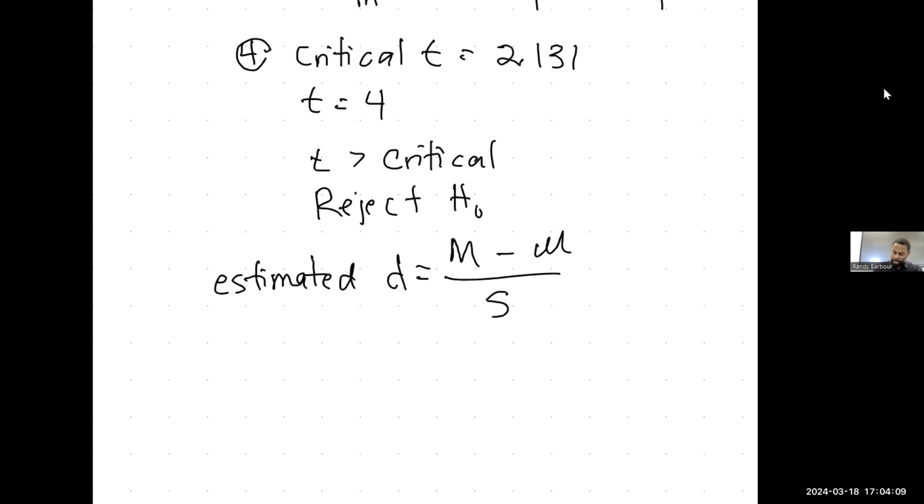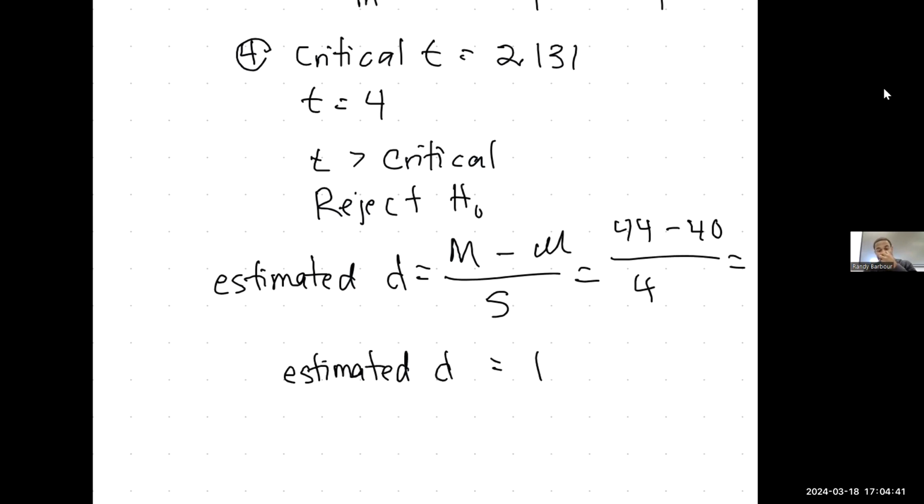So my sample mean was 44 minus 40, and our standard deviation was 4. So that's 4 over 4. So my estimated Cohen's d equals 1, right?